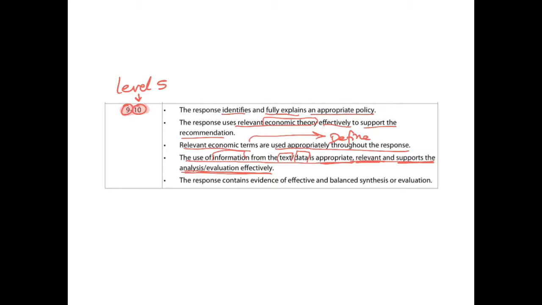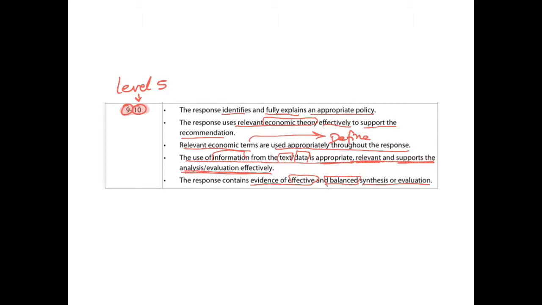Don't just quote data. Make sure you provide analysis of this data. So maybe you can quote the data, analyze the data, use it to construct an argument, and then balance it with a counter argument. And the last thing I would recommend is that the response contains evidence of effective and balanced synthesis or evaluation.